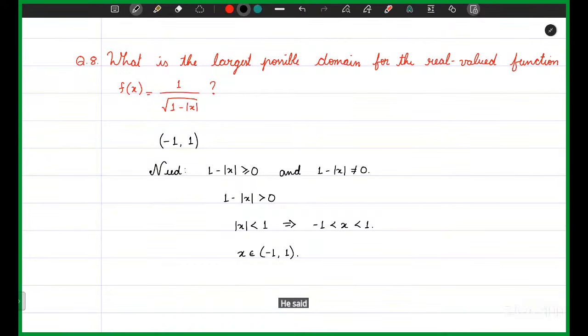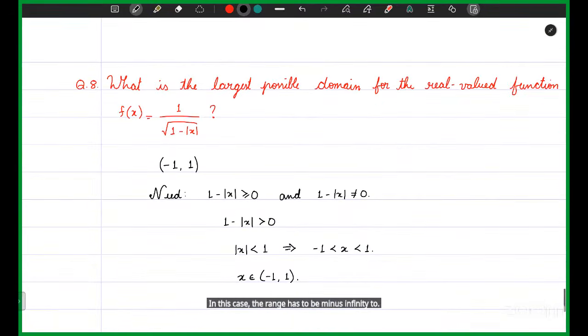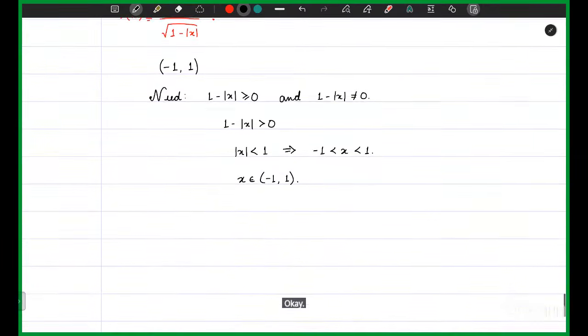Sir, before going to the next question, in this case the range has to be minus infinity to 1, isn't it? Okay, that's a good follow-up question. Let's do that.